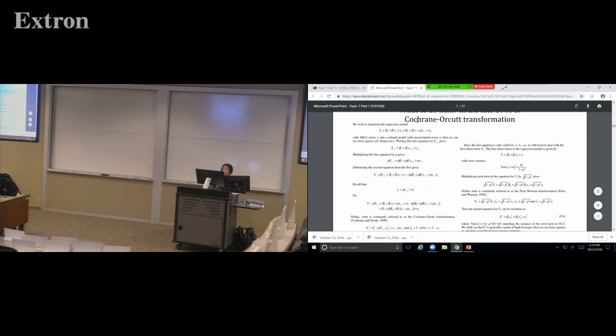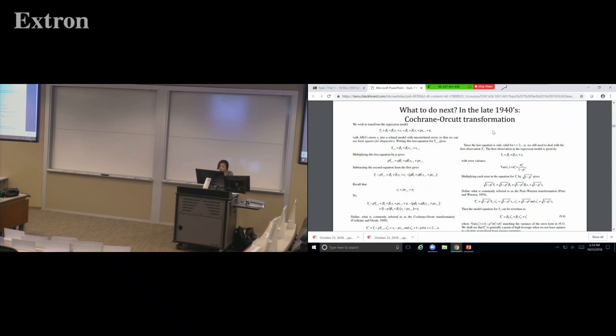So Cochrane and Orcutt created a transformation for us. What this transformation is going to do is adjust the linear model for serial correlation in the error terms into one with uncorrelated errors so that we can use the least squares for diagnostics.